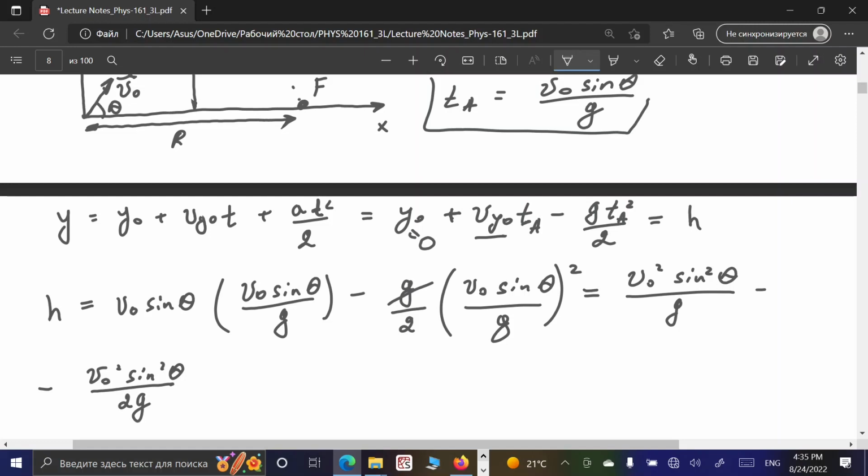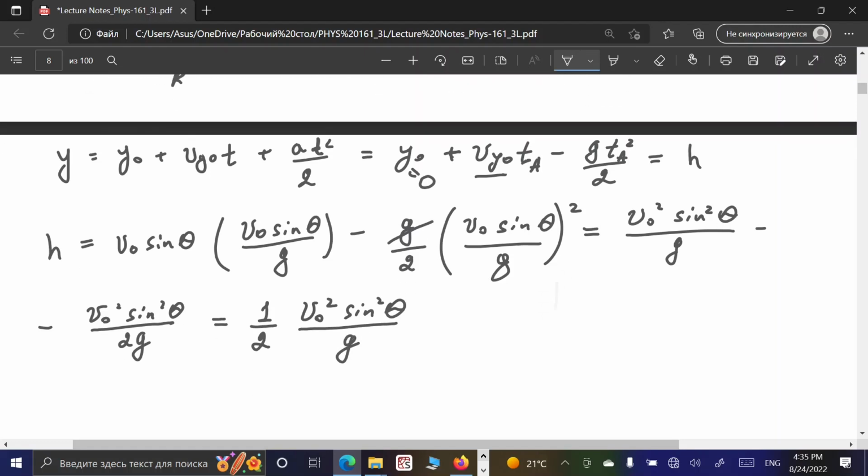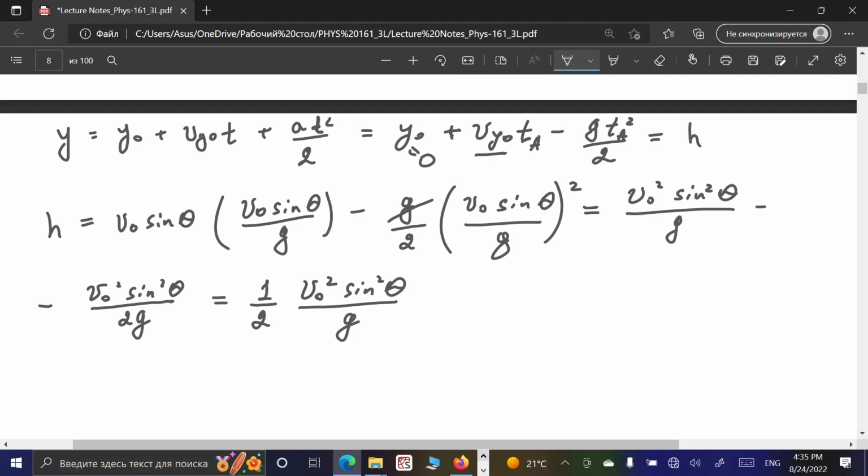So what we have eventually is just 1/2 of v naught square times sine square theta divided by g. So this is our expression for the maximum height in the trajectory.